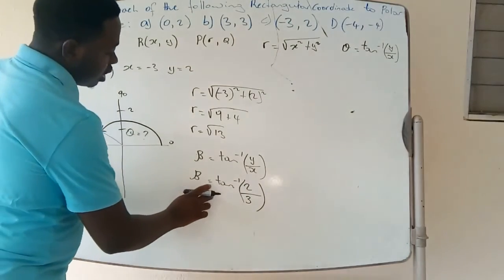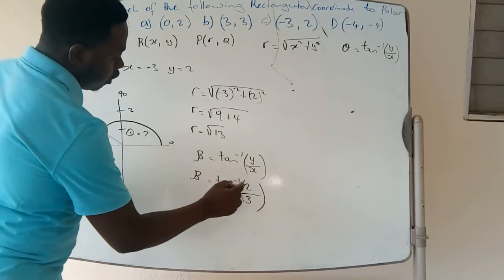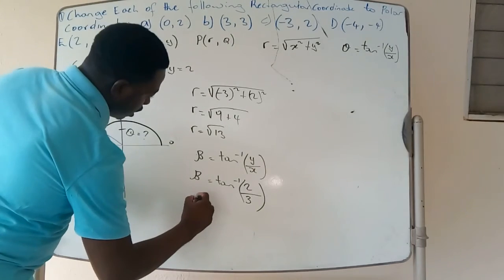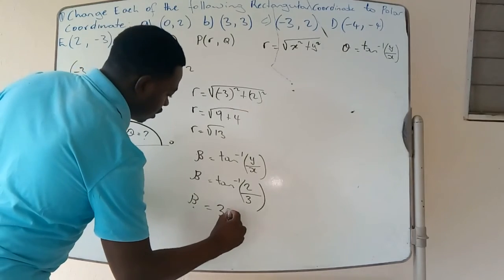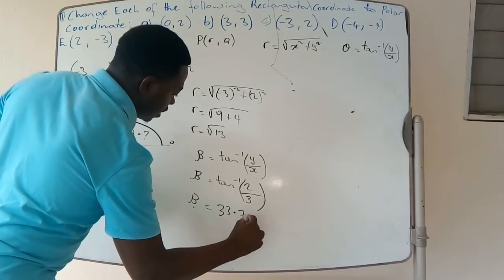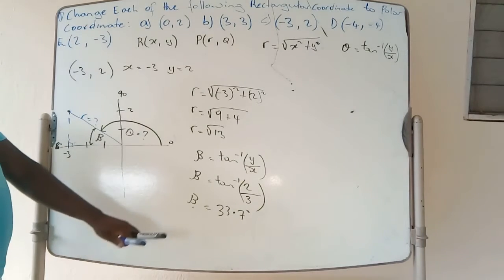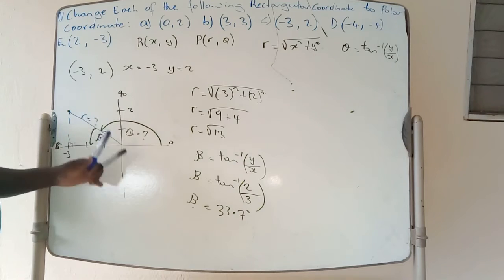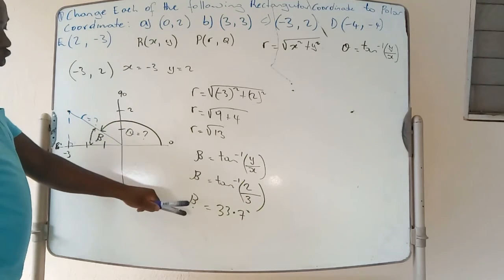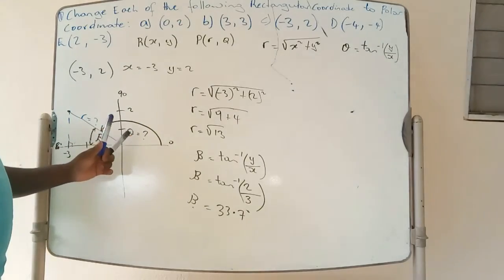Now, if you take the tan inverse of 2 over 3, then beta is basically equal to 33.7 degrees. Right? But remember, beta is not what we want. We want the angle theta, which is this angle. But beta is only helping us to determine the angle of theta.